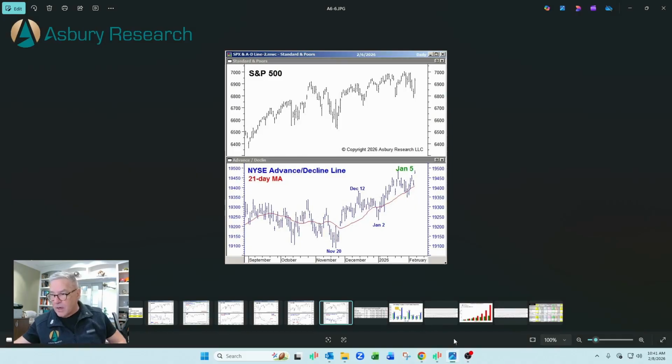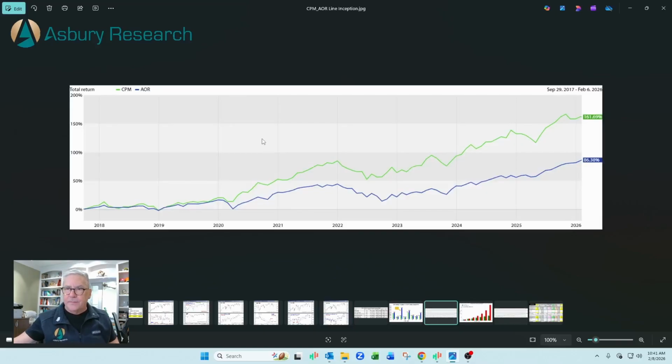Let's go back to the charts here and let me show you. So AOR is an ETF that is meant to emulate a 60-40 stock and bond portfolio. That is blue. It's down here. This is CPM up here in green.